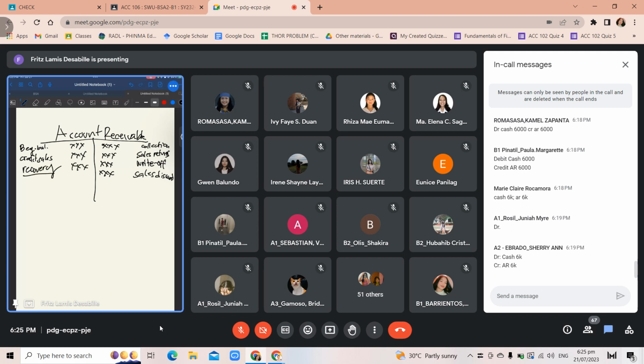Recovery means if you have previously written off an account receivable, pero na-collect siya, nagbayad siya, so your entry there actually would be a debit to accounts receivable again. I-restore nimo siya balik, pero i-credit nimo siya kay na-receive man nimo. So another item which is added to your AR is sales discount lost.